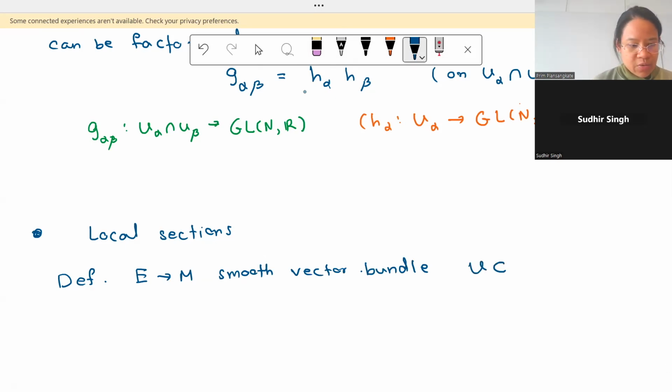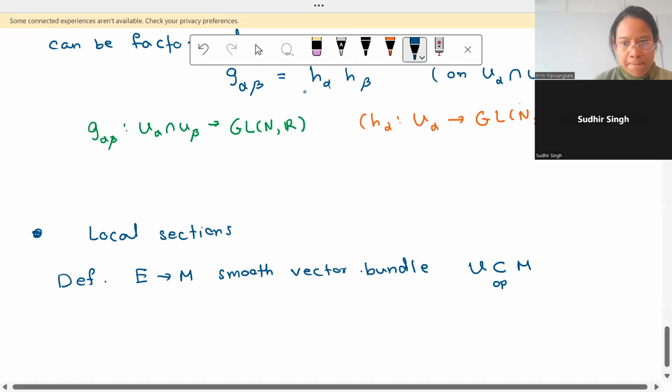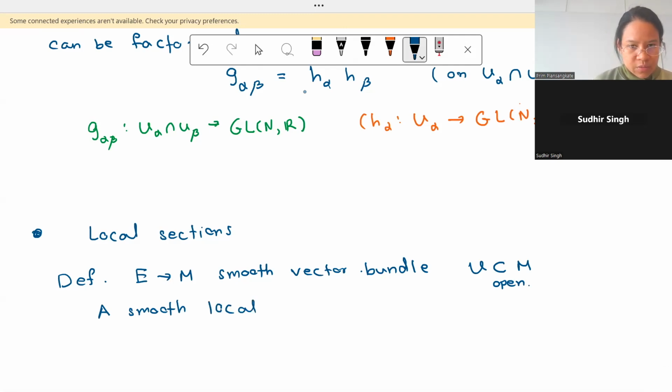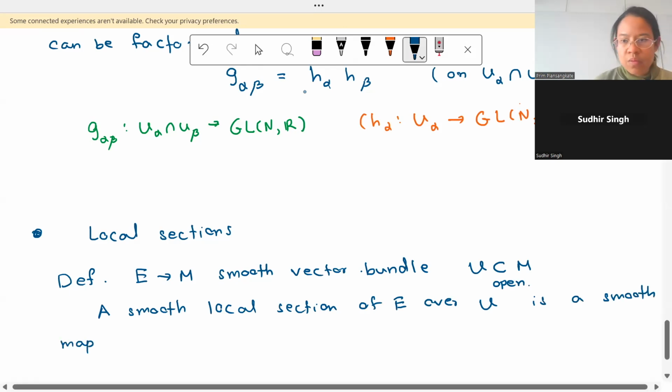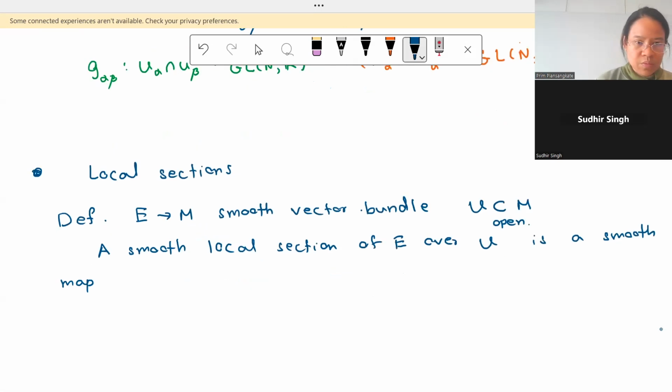And U is an open subset of M. Then a smooth local section of E over U is a smooth map from U to the bundle, such that when composed with the projection map pi it is the identity.